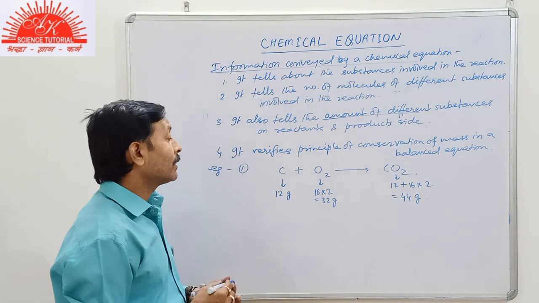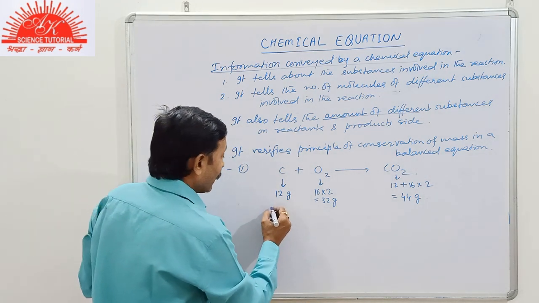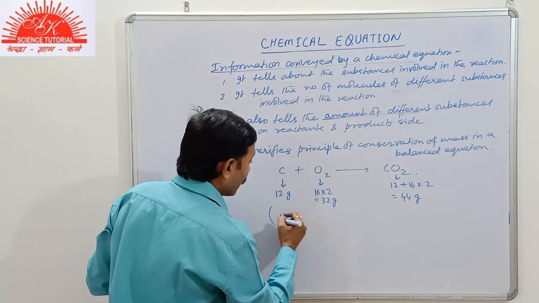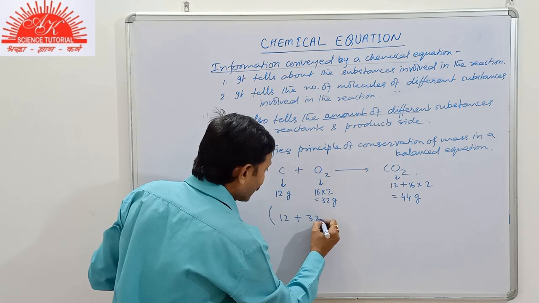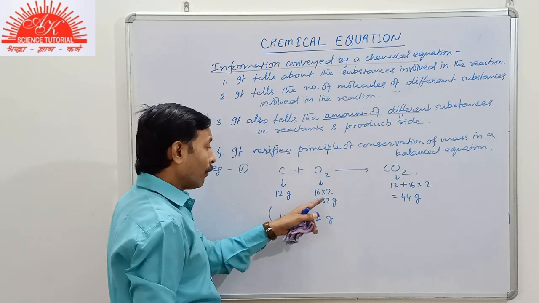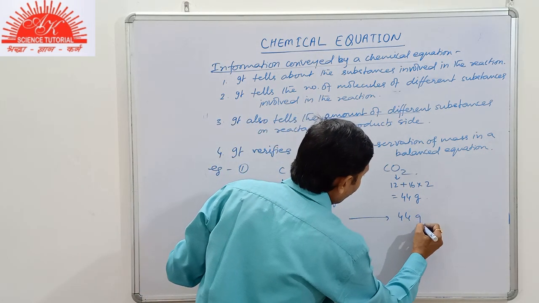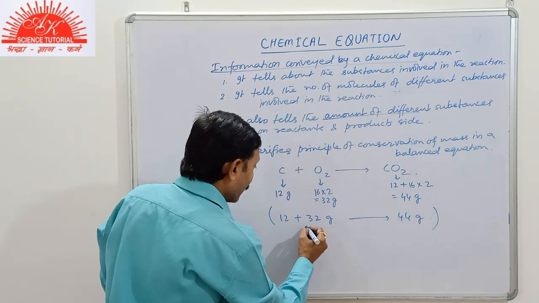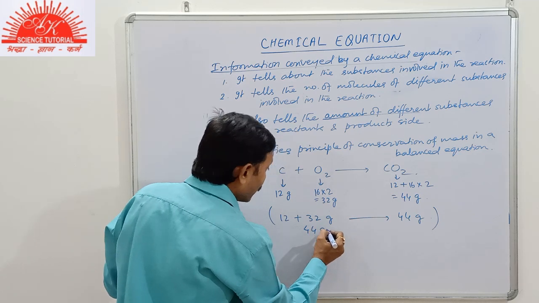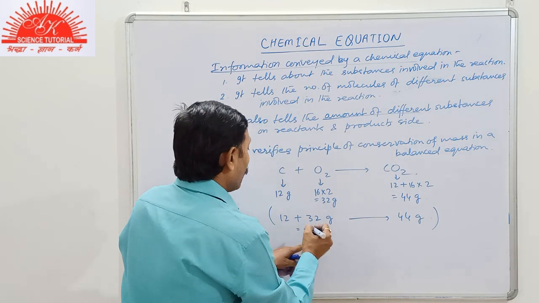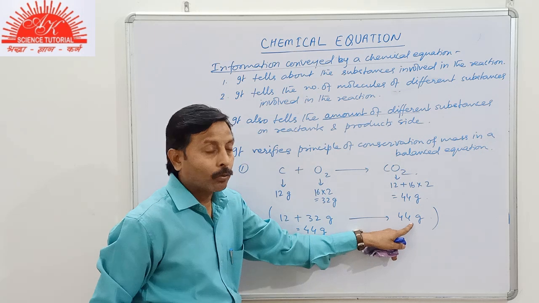So it tells that 12 gram of carbon reacts with 32 gram of oxygen to give 44 gram of carbon dioxide. Hence, on the reactant side there is 44 gram, and on the product side there is 44 gram.